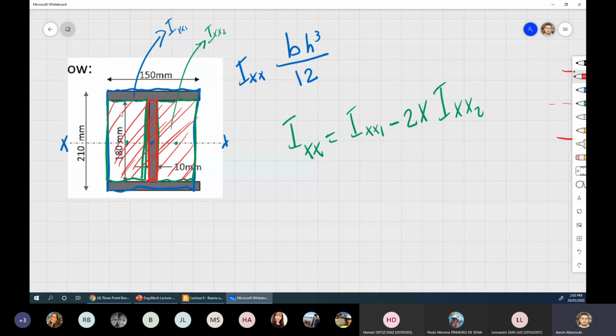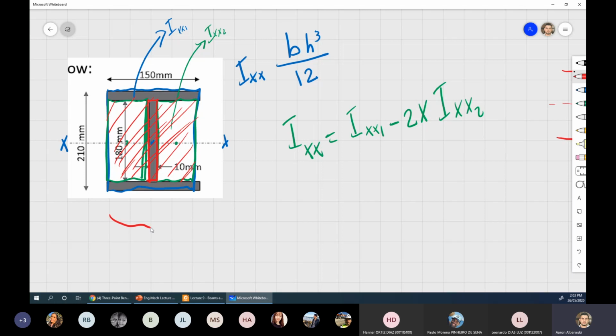Look at it, the large one minus the red hatched one, that took away the steel part, and then I can add it by itself. All of these rectangles have their centroid on the neutral axis. That's another way you can do it. And this method will be very easy for all kinds of symmetric shapes.